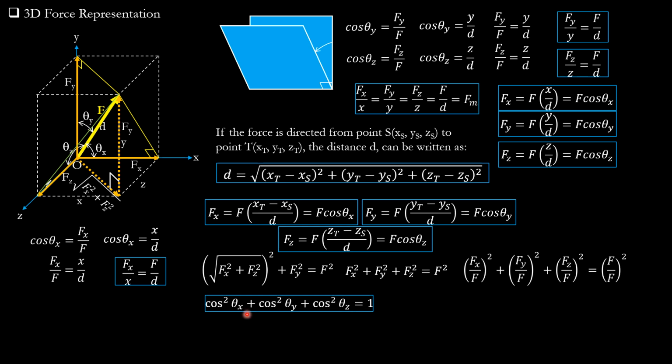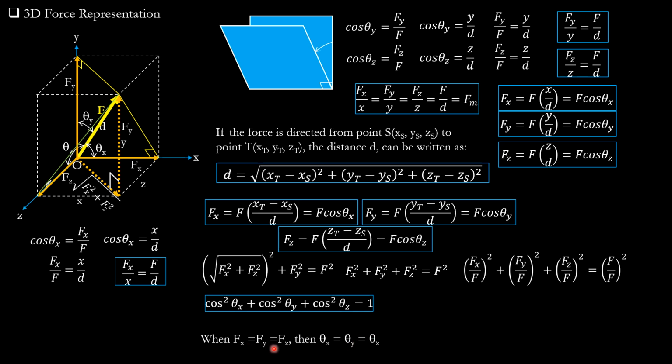And this is supposedly the magnitude of the unit vector of F: x component of the unit vector of F, y component of the unit vector of F, and the z component of the unit vector of F. So cosine theta x, cosine theta y, cosine theta z are direction cosines. They are interpreted as the x, y, and z components of the unit vector of the force.